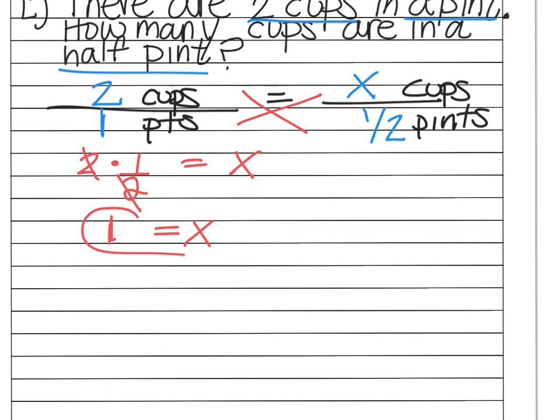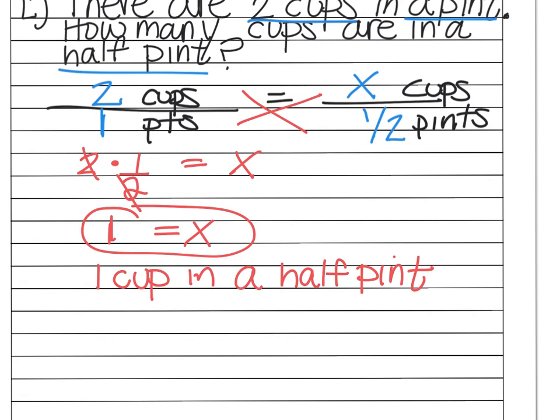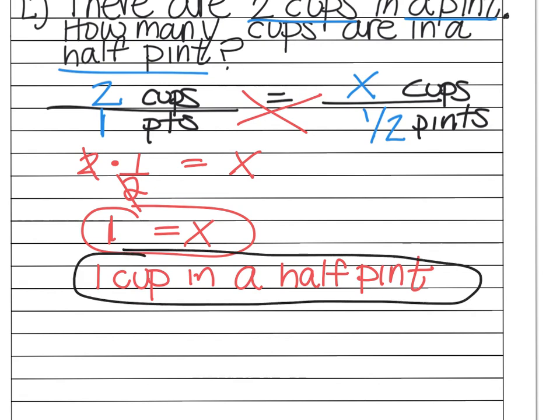And so that's your answer, and the way you write it is you have 1 cup in a half pint. Circle my answer, 1 cup in a half pint. And I know that it's cups because that's what I was trying to find right here in a half pint.